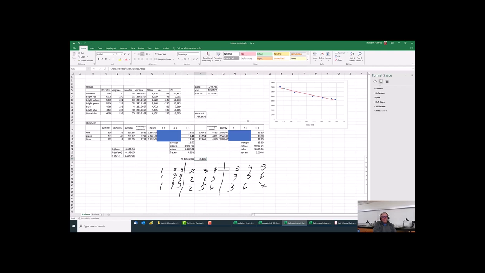And it doesn't necessarily prove the formula. Let's think about this. Well, no, that's part of it. I suppose we could do an R-squared test.